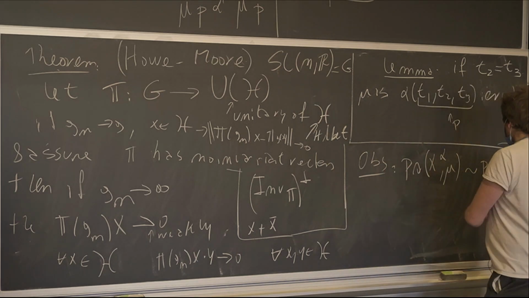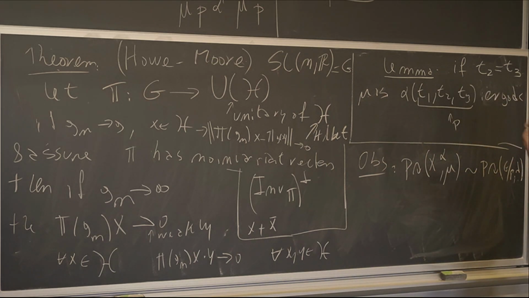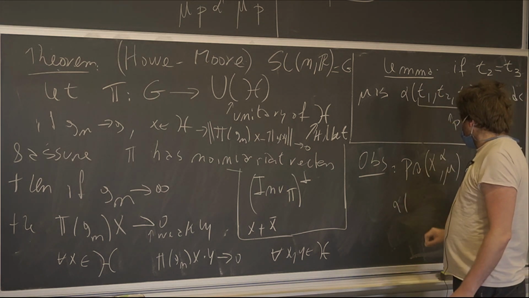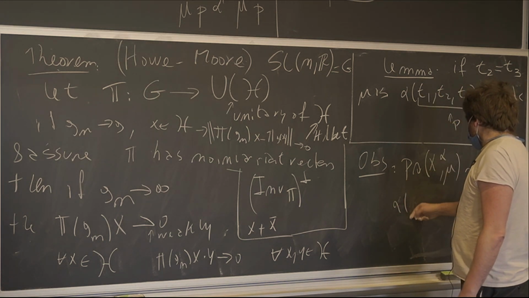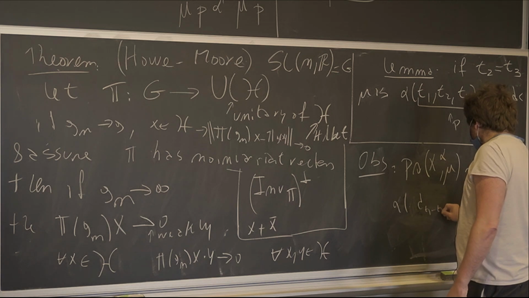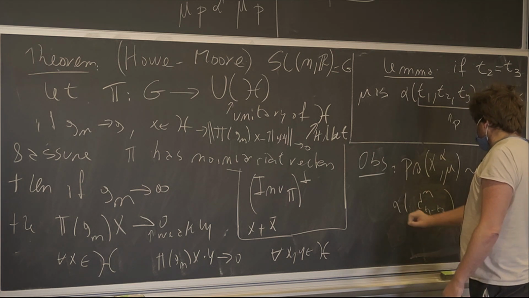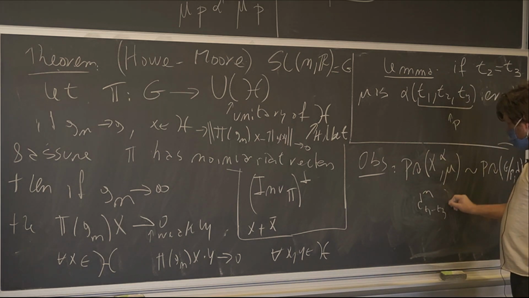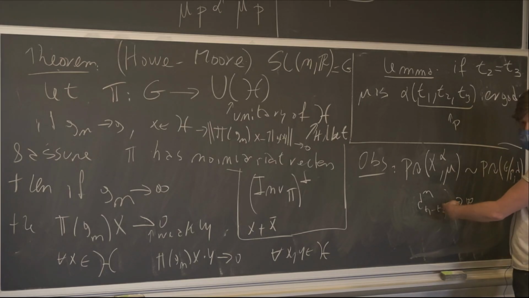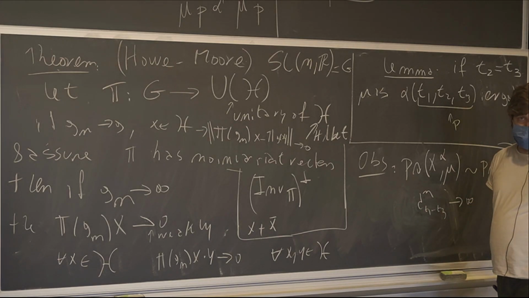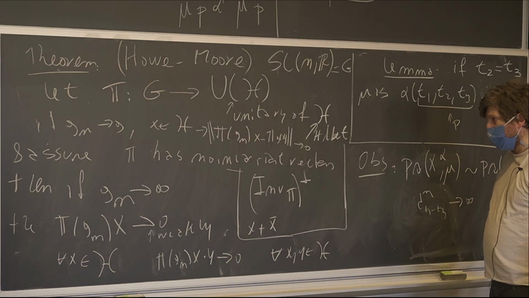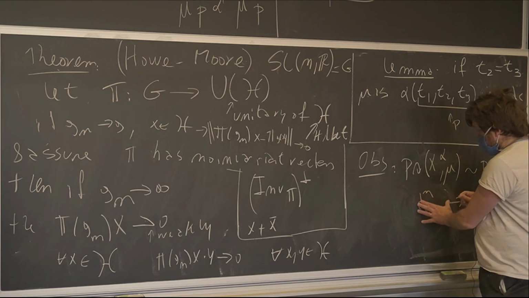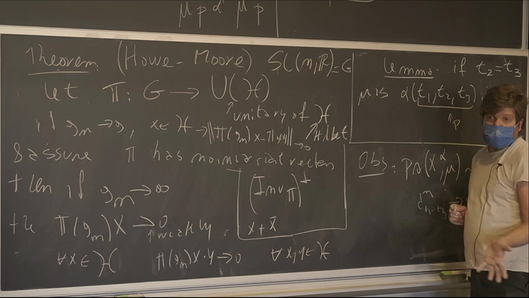Okay, so as soon as the element goes to infinity, and when I take the iterates of these, alpha dt1, t3 to the n, actually this goes to infinity as soon as they are not all 0. So this goes to infinity, which means that this element is mixing, so in particular it is ergodic.